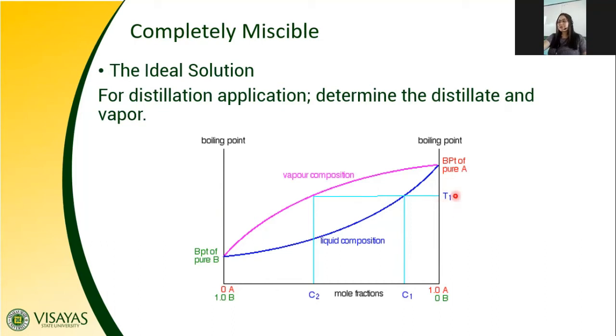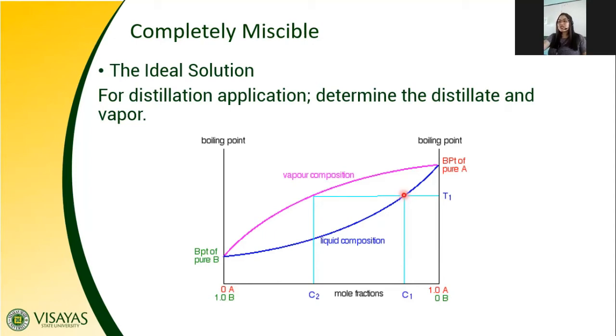For example, you have this first composition C1, and then you will find its liquid composition, the first liquid phase that occurs. So for example, we can have this here.